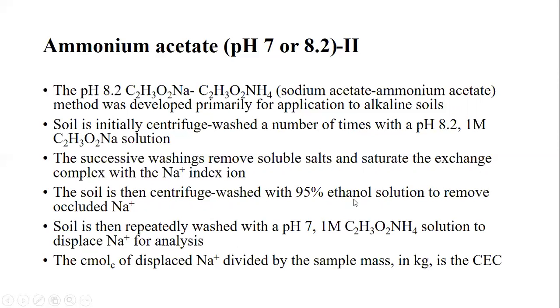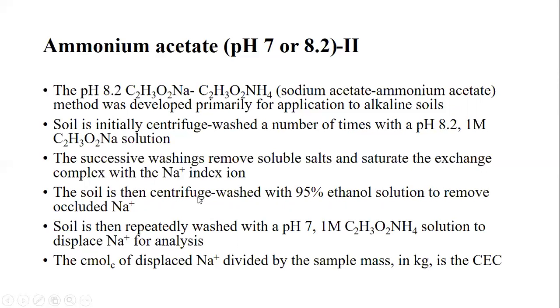95% ethanol. Soil is then repeatedly washed with a pH 7, 1 molar ammonium acetate solution to displace sodium for analysis. Remember, those are the 2 steps we have already talked about. The first step, we saturated the soil with sodium, so we have only sodium ions, and that amount of sodium that's adsorbed represents CEC.